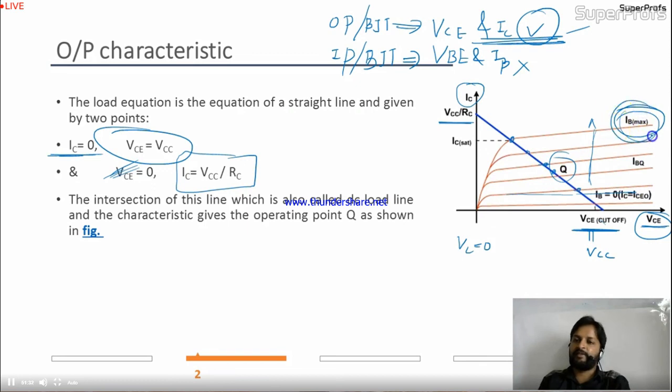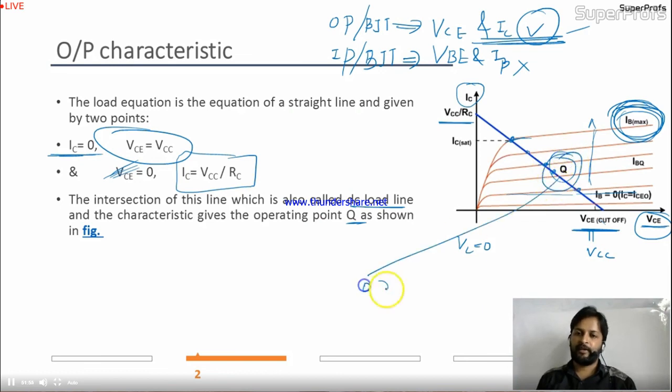See, IB max is given at the max current of IB. Is it okay? So the intersection of this line, which is also called the DC load line, and the characteristics gives the operating point Q as shown in the figure. So this Q point is nothing but the operating point.